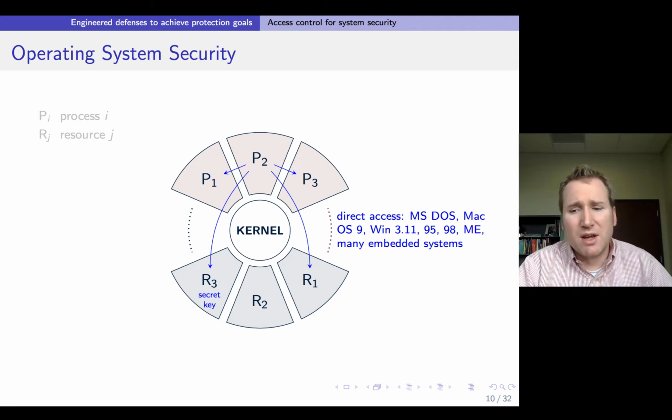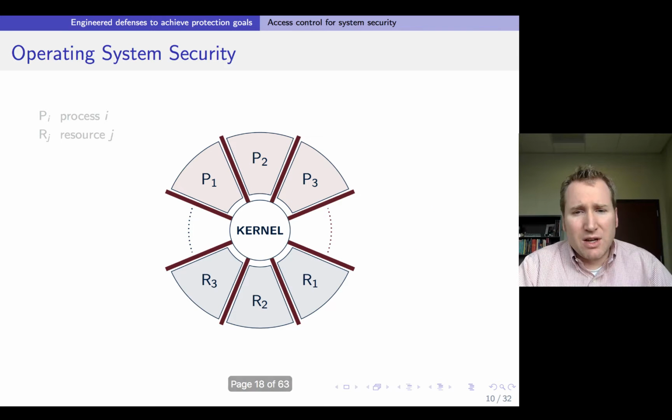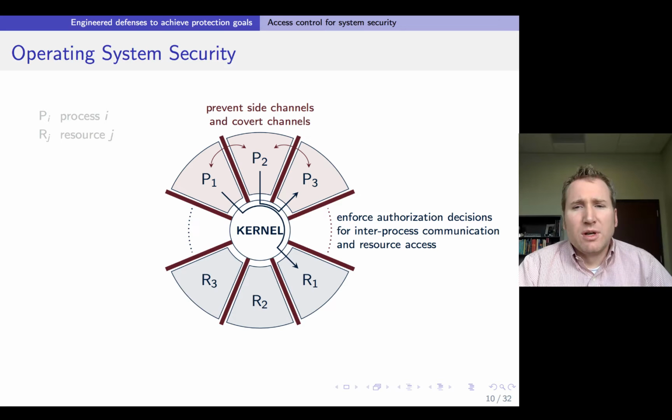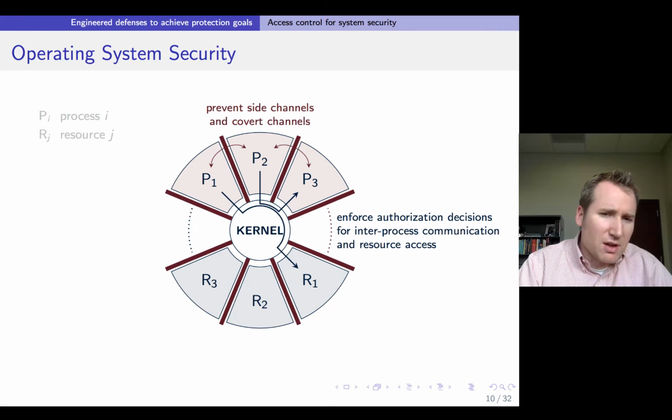So the solution has been to instead erect these virtual barriers between processes and resources, and instead require all communications that need to access other processes and resources to be mediated through the kernel. So these barriers prevent side channels and indirect communication between the processes, and it also ensures that only authorized processes can access resources when they have been allowed to do so.